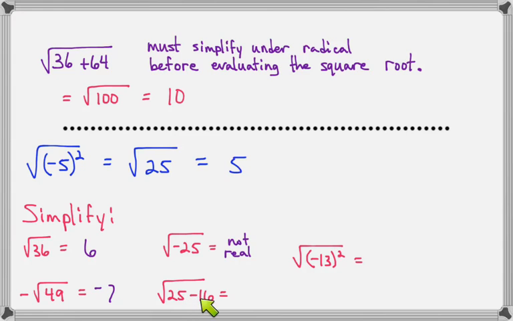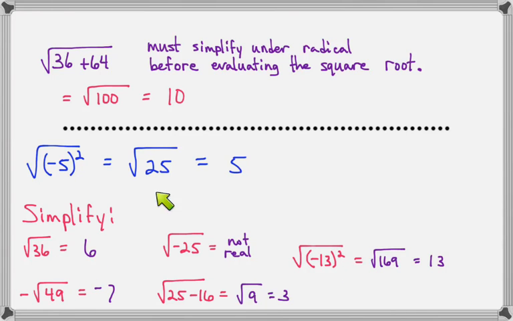Here on the square root of 25 minus 16, we have to do that subtraction before we can decide what the result is. So 25 minus 16 is 9, and the square root of 9 is 3. And here, the square root of negative 13 squared would give us positive 169, but then the square root of 169 is 13.